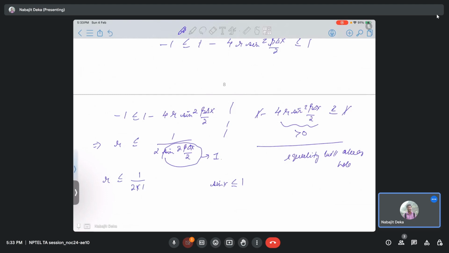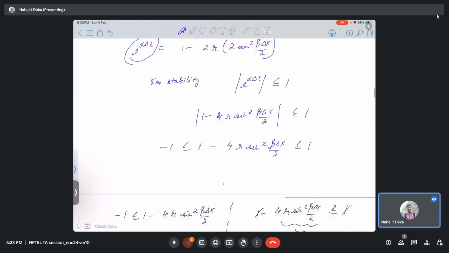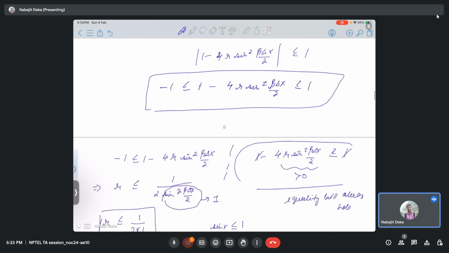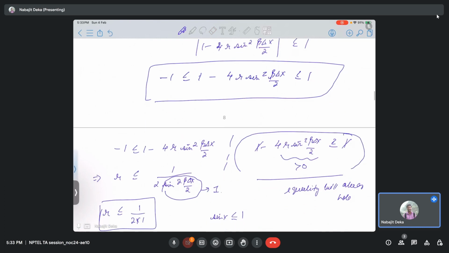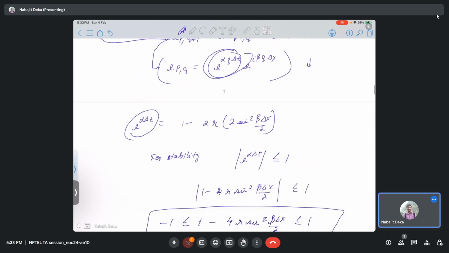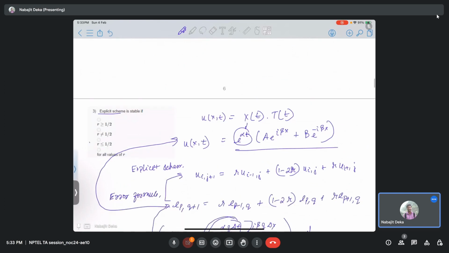So r should be less than half, and then only this inequality will hold. The right inequality is anyway being fulfilled; the left inequality will only hold when r is less than half. So option 3 is the correct answer.